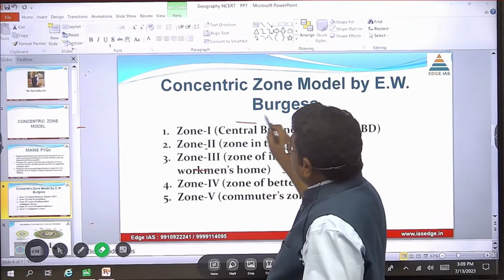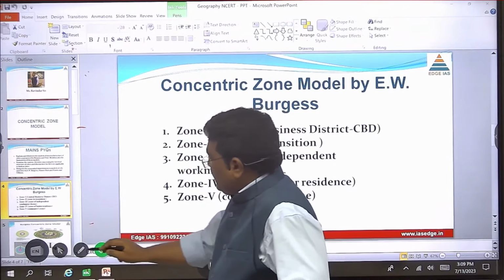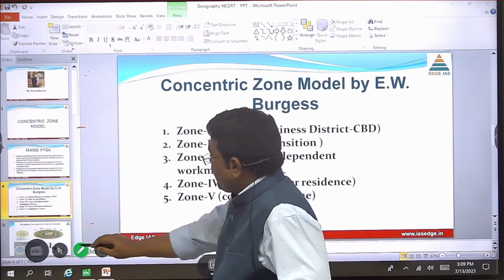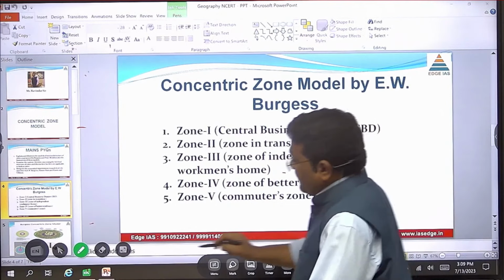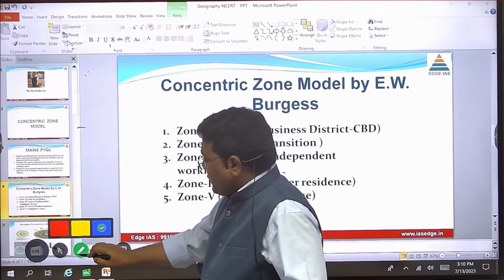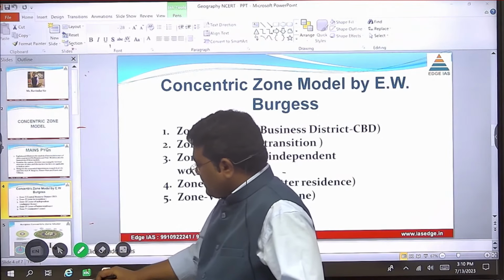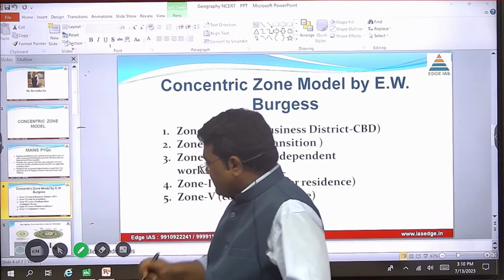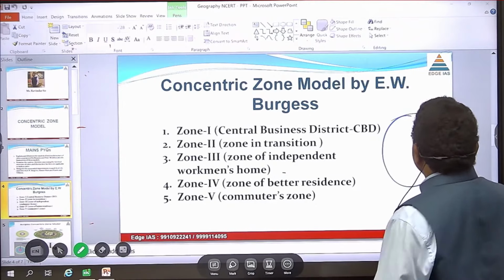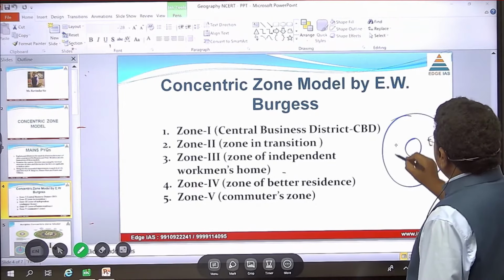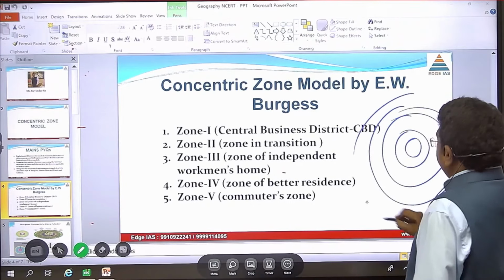In the concentric zone model, we have five zones: 1, 2, 3, 4, and 5.